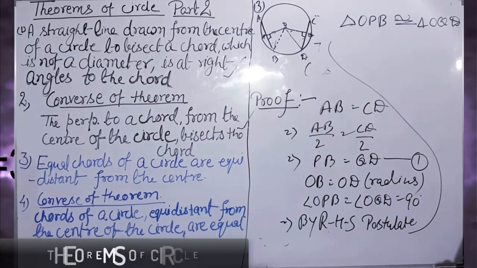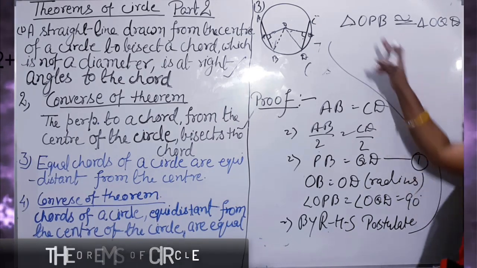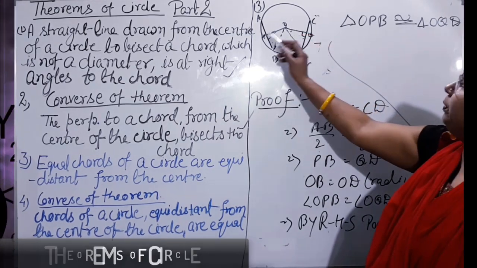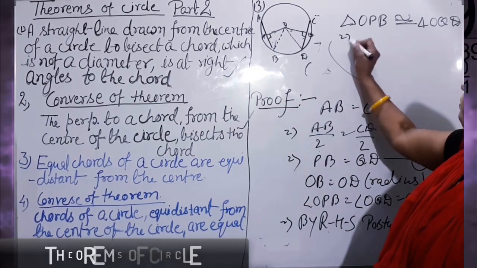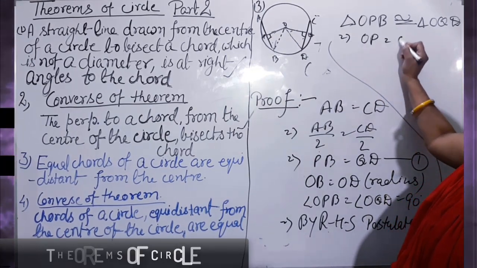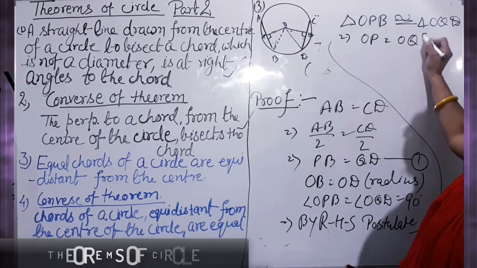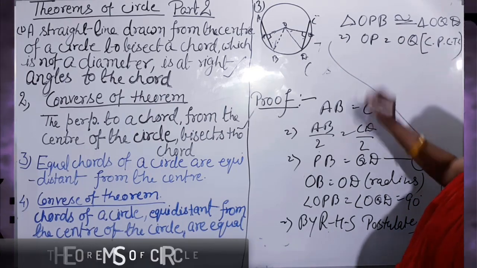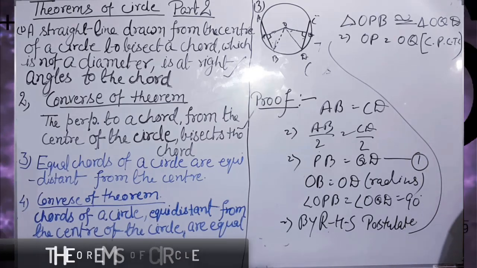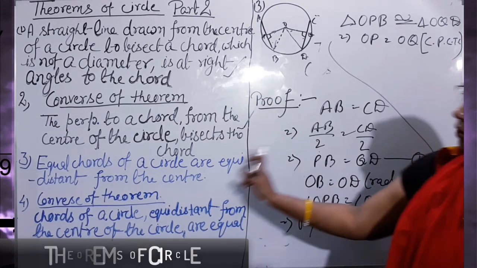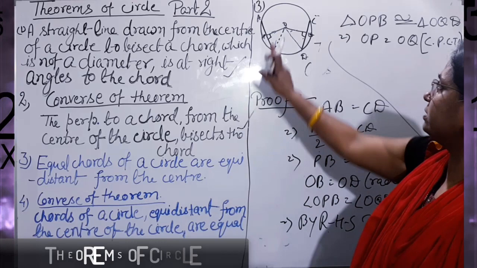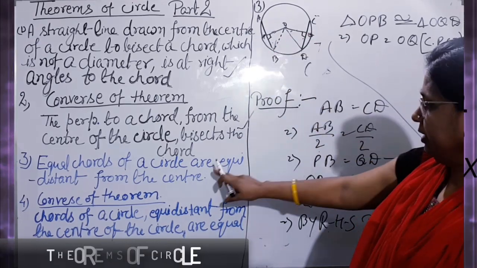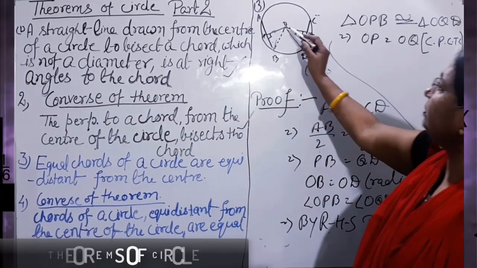Both are congruent, so OP is equal to OQ by CPCTC. OP is equal to OQ. That means your theorem is proved: equal chords of a circle are equidistant from the center.